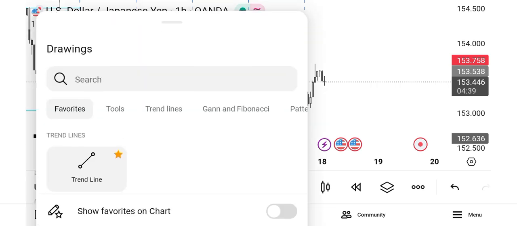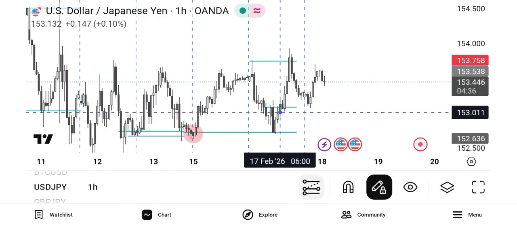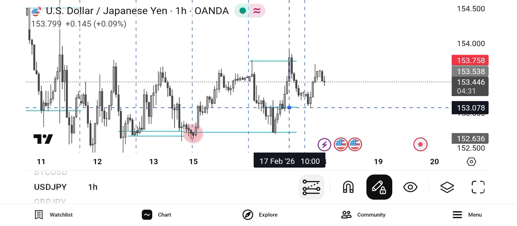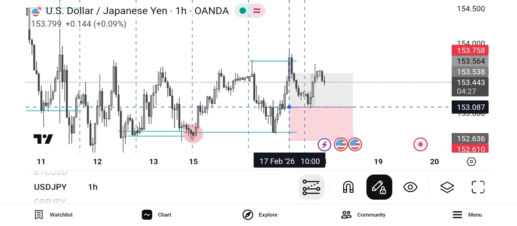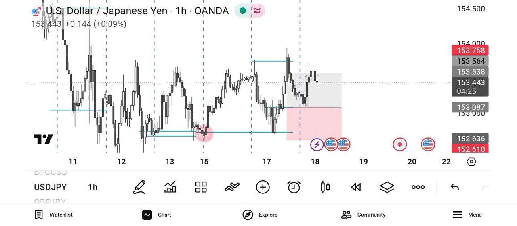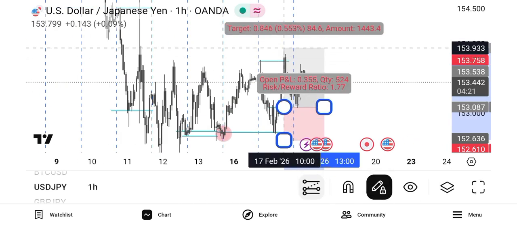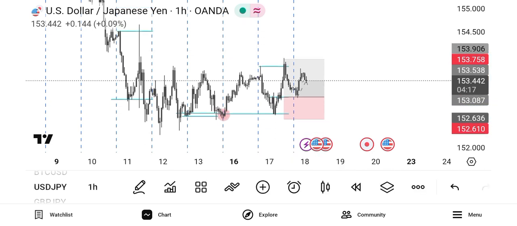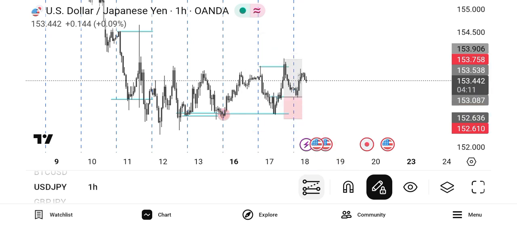I used the 1 hour for the entry right here, till somewhere right there.